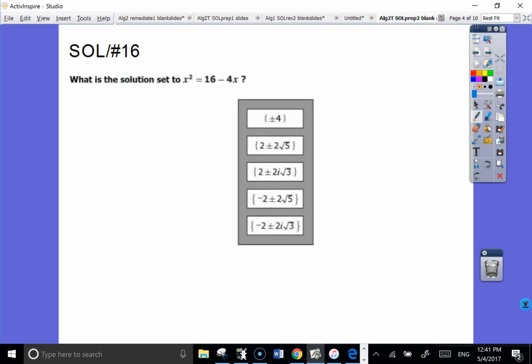What would I have to do in any case? Christian? You got to get everything on one side, right? So x squared plus 4x minus 16 equals 0. Okay, then what are your options? How do you solve a quadratic equation?